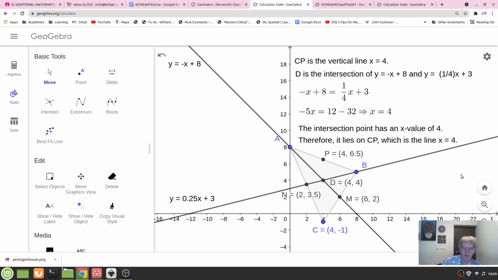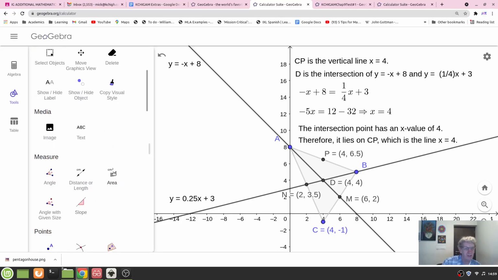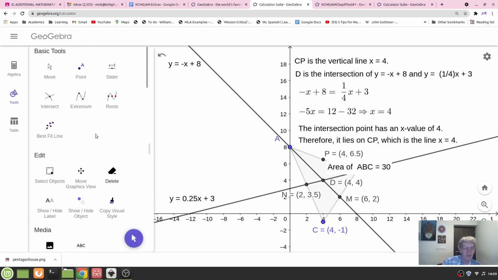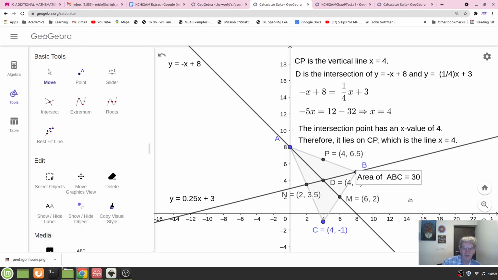Yes, I have here. And just for the fun of it, I'm going to do one more thing. I'm going to show the area of that triangle, and it happens to be 30. Now, if you were asked to calculate the area of the triangle, I'm sure you could do that, but I would hope you know how to do that both by hand and by using technology.